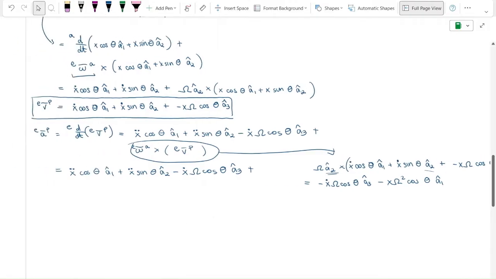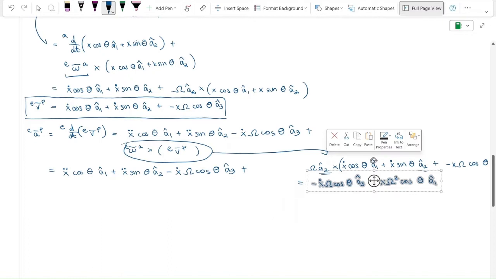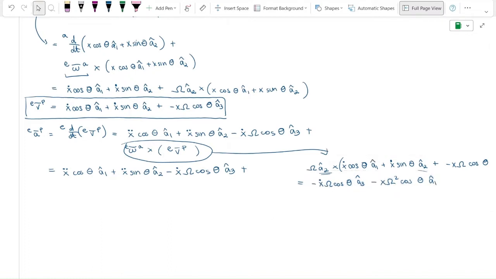So our final expression is going to be this. And we can recombine terms to make it look nicer.